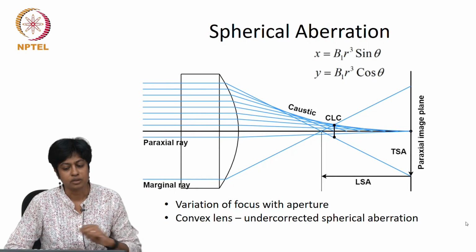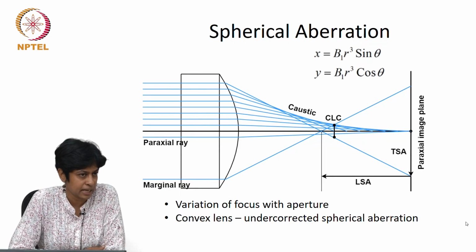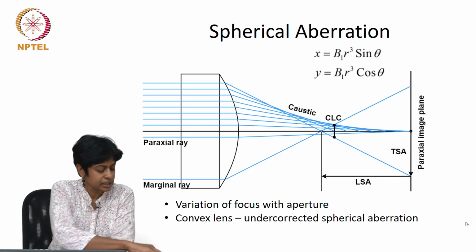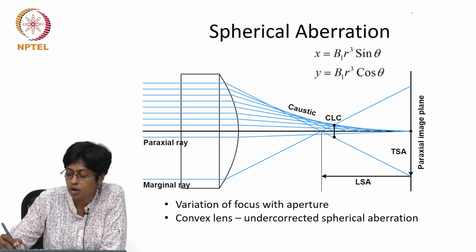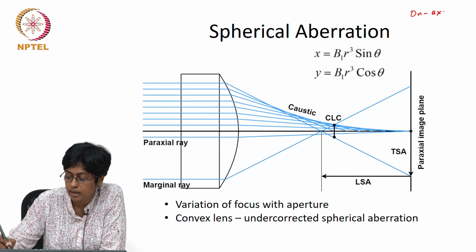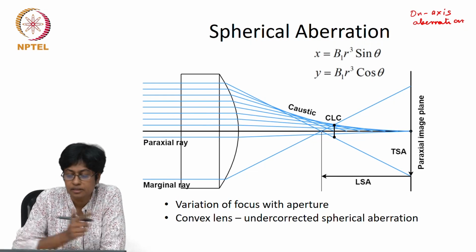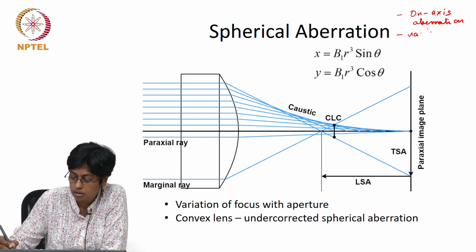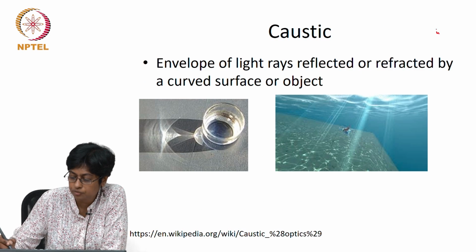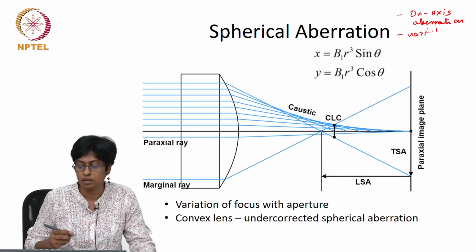Okay, so we start with spherical aberration. Spherical aberration is sometimes called an on-axis aberration, and you can consider it to be a variation in the focus.